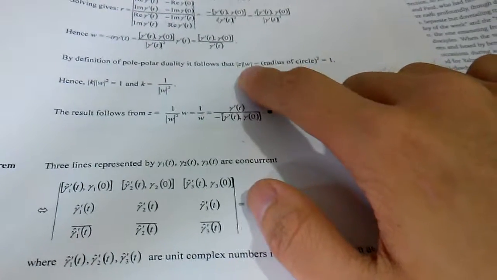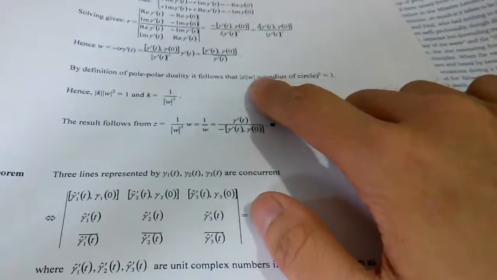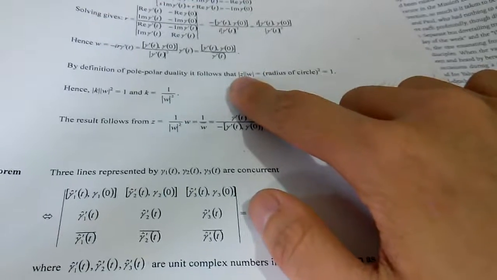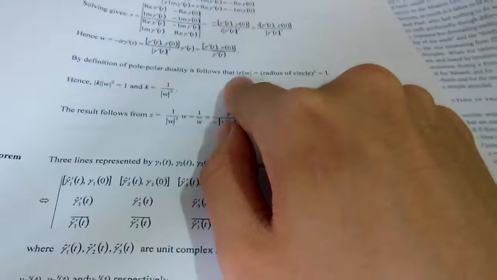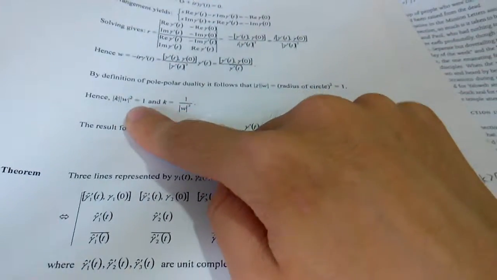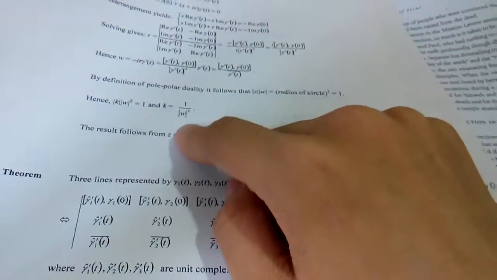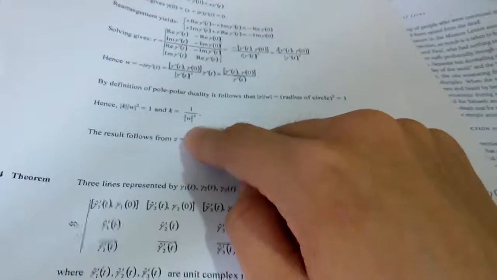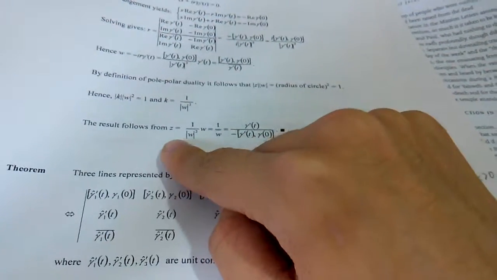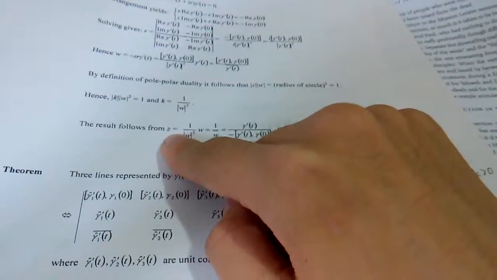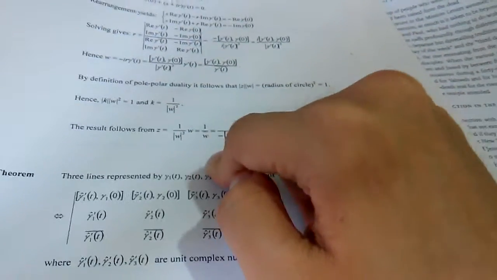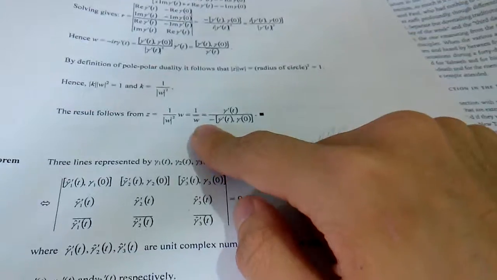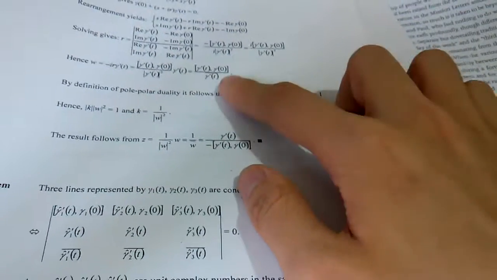So the modulus of W times the modulus of W times K in absolute value is equal to 1, because I can substitute Z equals KW into this. And then K is equal to 1 over the modulus of W. So Z is equal to 1 over the modulus of W times W times W, which is 1 over W bar, and this is W.